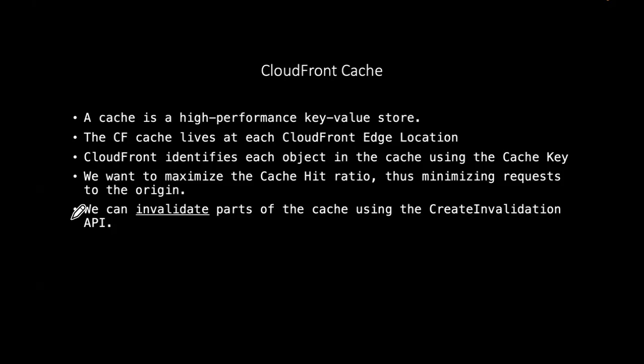And clearly, the caches on the edge location servers should all be flushed automatically. And that flushing is called a cache invalidation. So every time you redeploy, a cache invalidation happens.